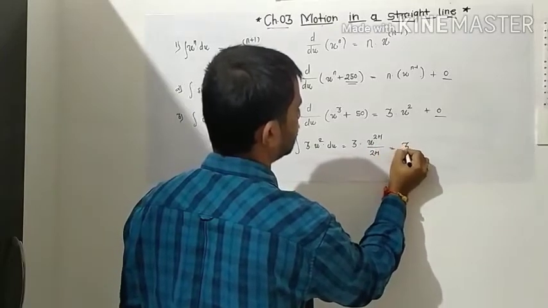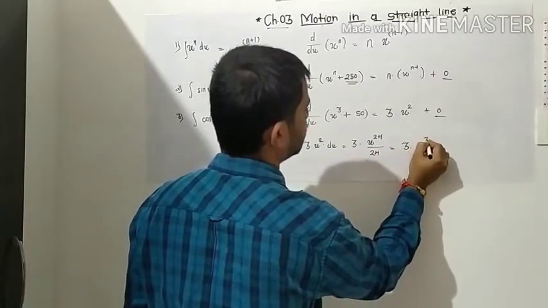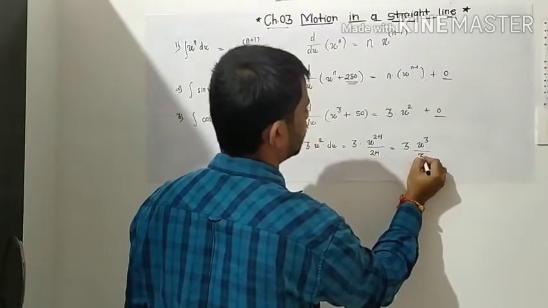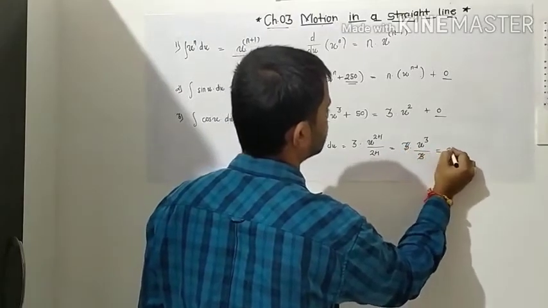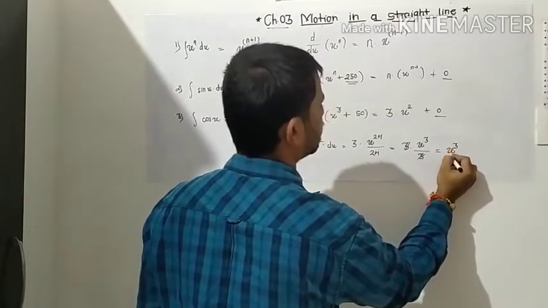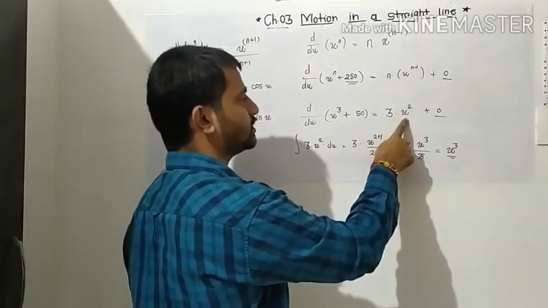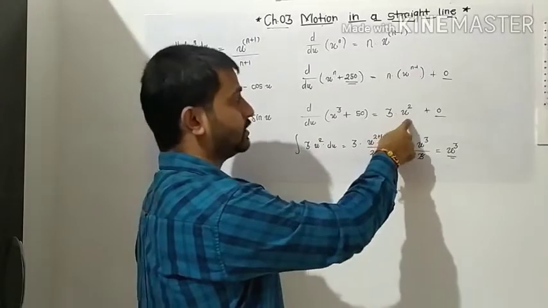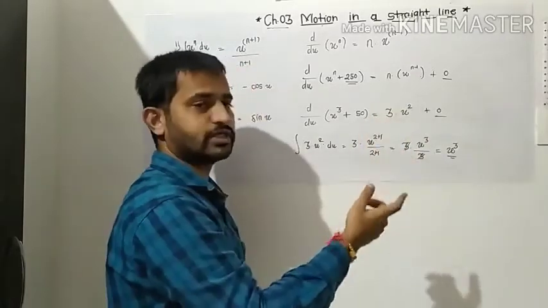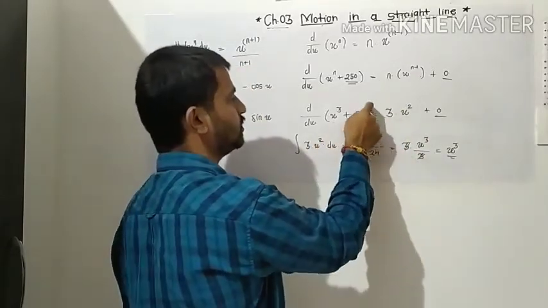So it will be 3x raised to 3 upon 3, and we will get x cube. Now this term is the result of which term? x cube plus 50.